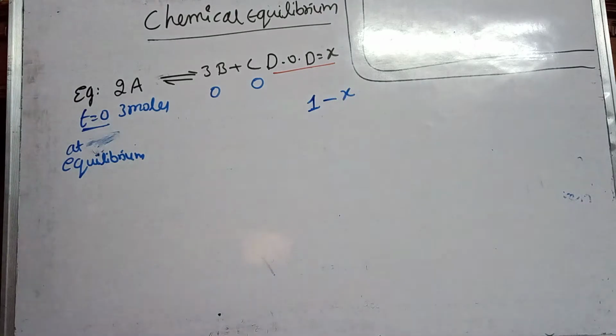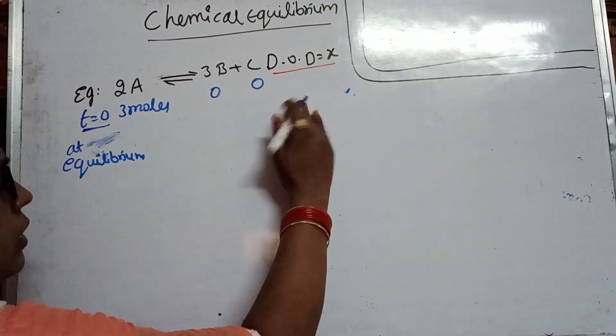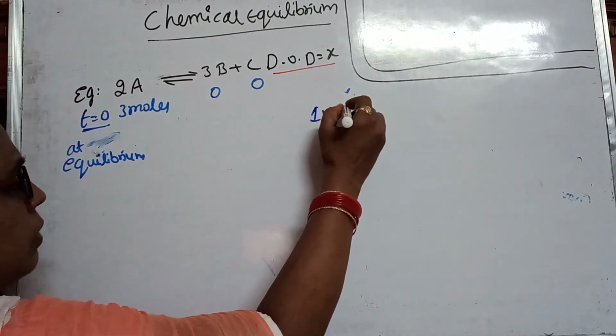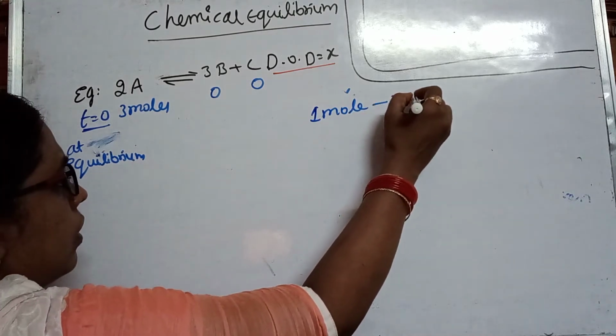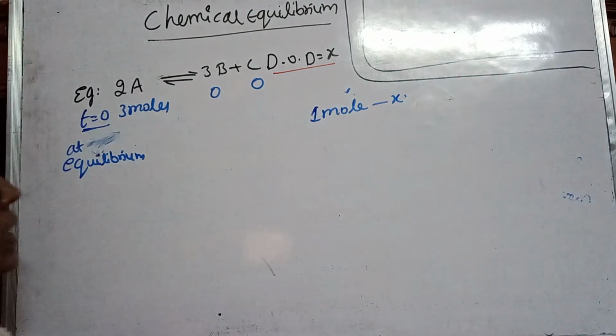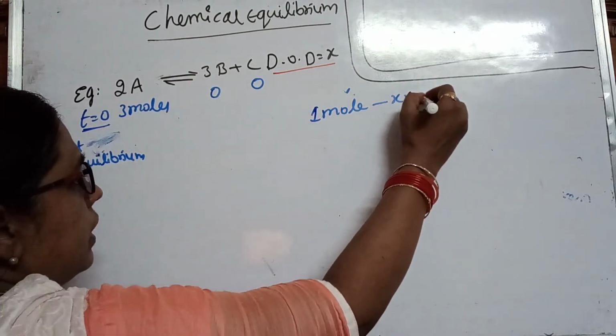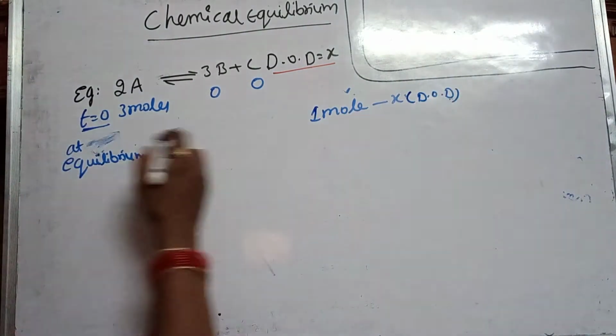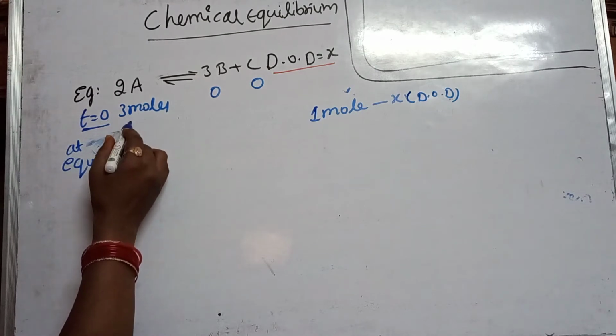Degree of dissociation is x moles. So here you have to understand, for 1 mole, the degree of dissociation is x. This x is the DOD. But in the problem, how many moles are given? 3 moles.